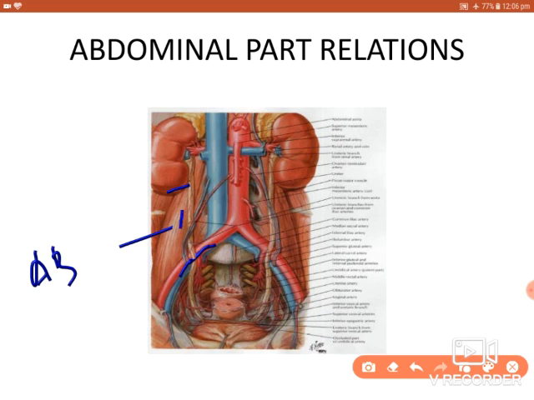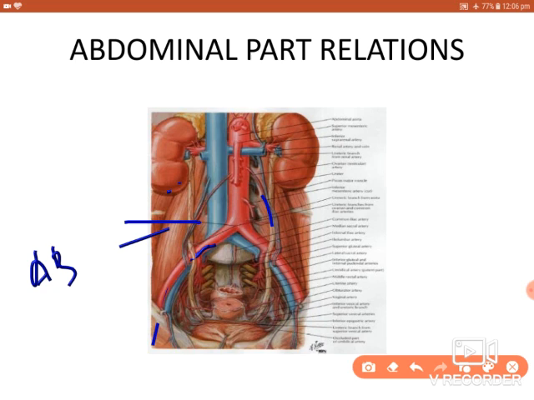Posterior to the ureter there is also a nerve, the genitofemoral nerve. Then the anterior relations: here you can see the gonadal vessels of both sides.